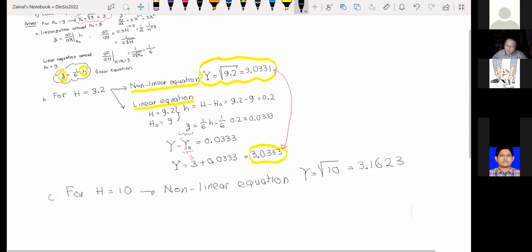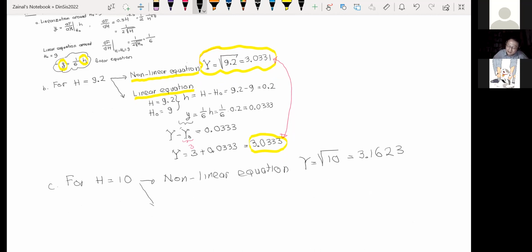Okay. Now using non-linear and using linear. Because H0 is equal to 9 and H is equal to 10, while H0 equal to 9, it means that the change in H is equal to 1.